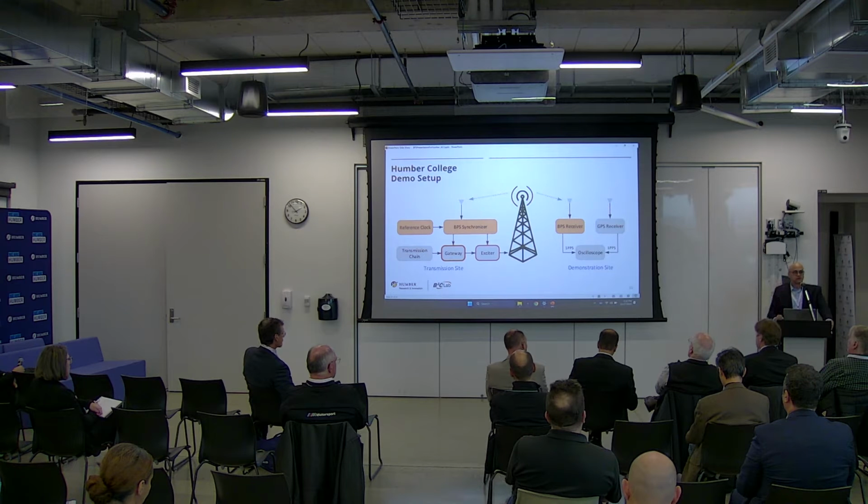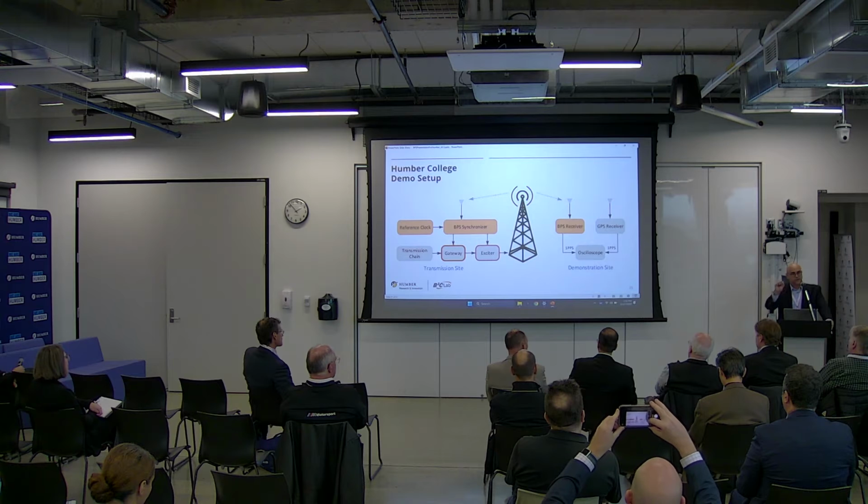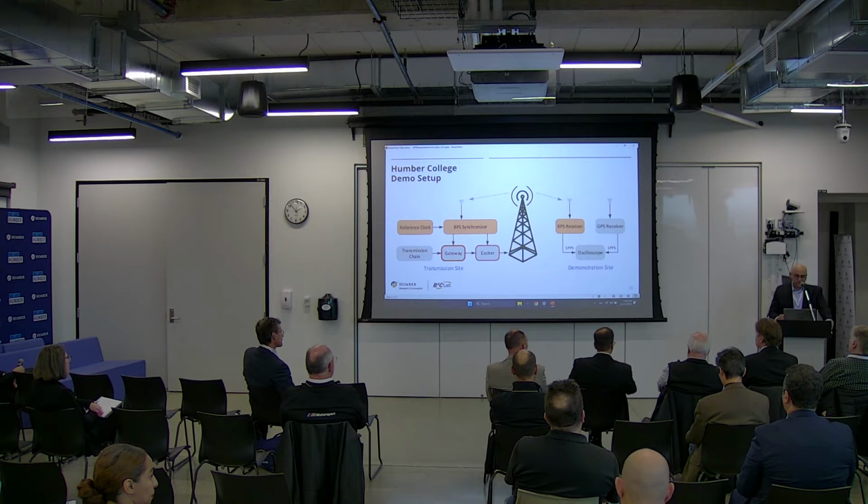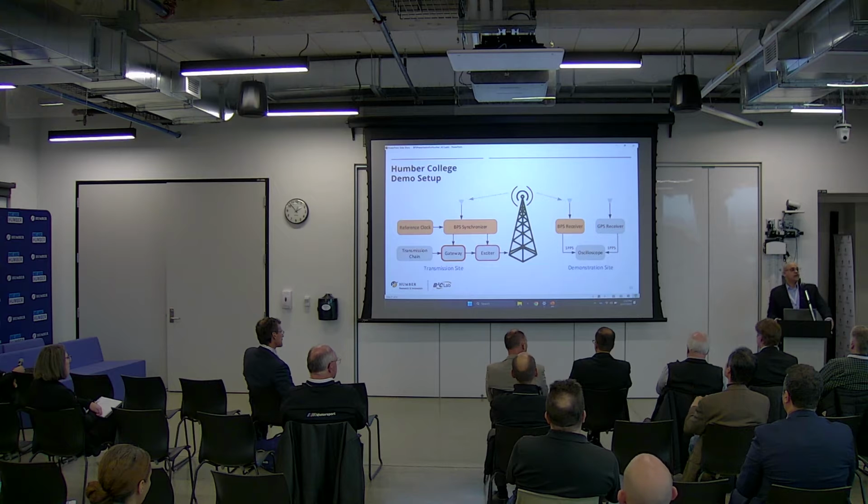It measures time of arrival. You see if it's the right spot or not. Then it feeds back to this equipment that actually changes the timestamping process. So that timestamp is very accurate. And this happens on the transmission side, which is actually 1.5 kilometers away.